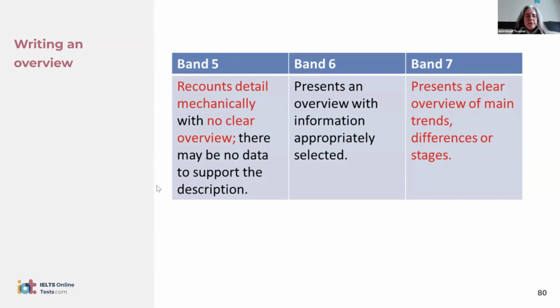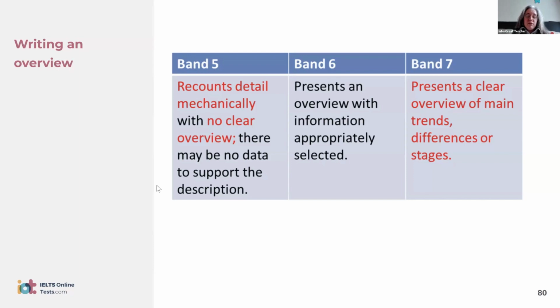Anyway, the one that we're focusing on here is the first one, task achievement or task response, and this one is all about actually addressing the task, so answering the question, in other words. And the reason why we're looking at this is because this makes it clear why it is so important to include a general overview.